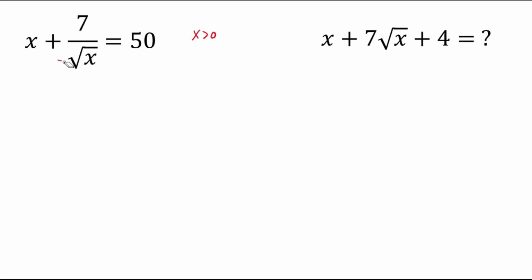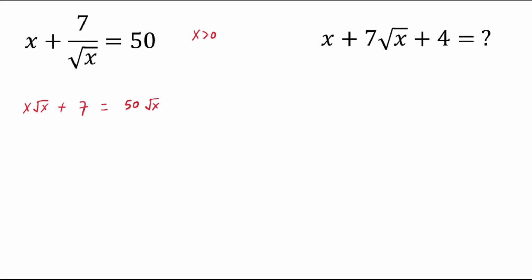Now if we multiply both sides by square root of x, then on the left hand side x times square root of x plus 7, and this equals 50 times square root of x.